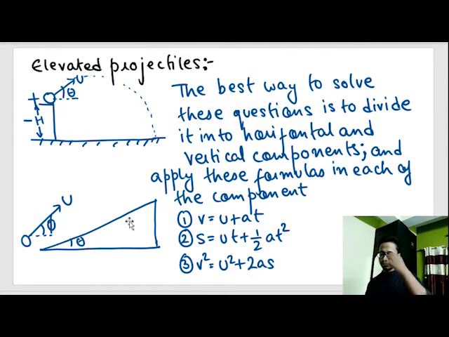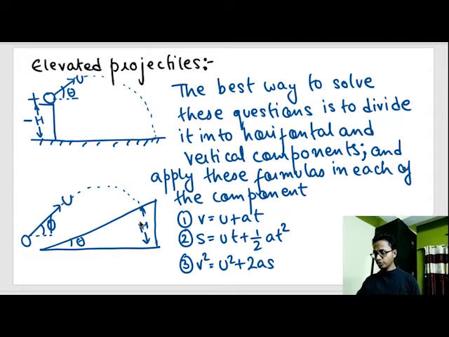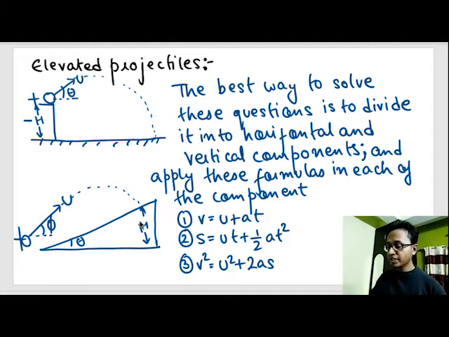Out here, what is the displacement? The ball is going up and falling like this, so it traveled h up. Suppose we assume the origin out here. What is the displacement? Displacement is positive h, and acceleration due to gravity is negative g.